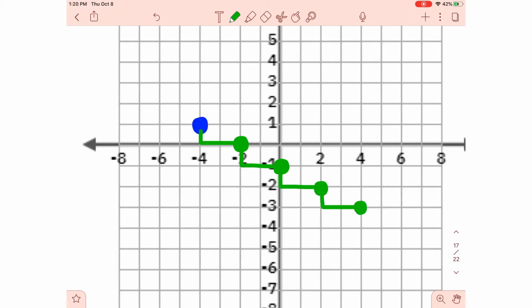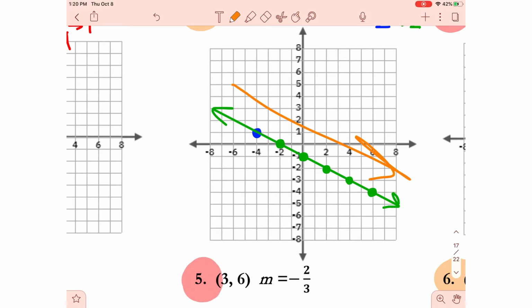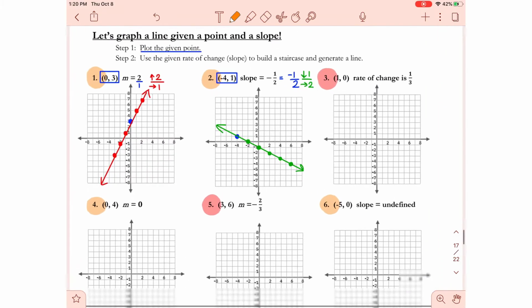You could continue doing this until there's no more graph left, or once you get about 5 points, you can stop and connect your dots to make your beautiful line. Now remember what we learned yesterday, that a negative slope will look like it's going downhill from the left. So I know just by looking at this that my slope looks negative, which is a really good sign since the slope they gave me is a negative number.